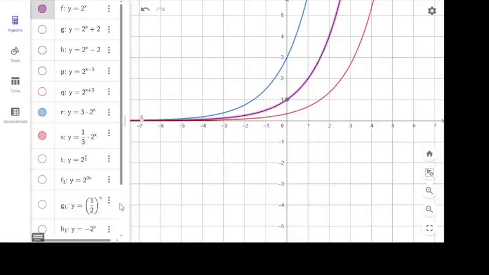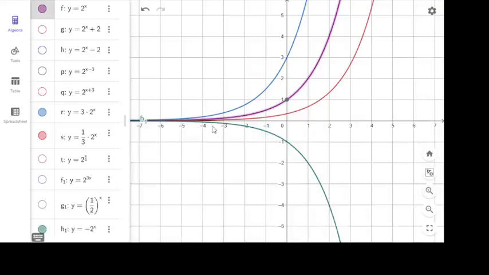And how about when my coefficient is negative? When my coefficient is negative, I have a reflection over the x-axis. Let me make them invisible. I have a reflection over the x-axis.